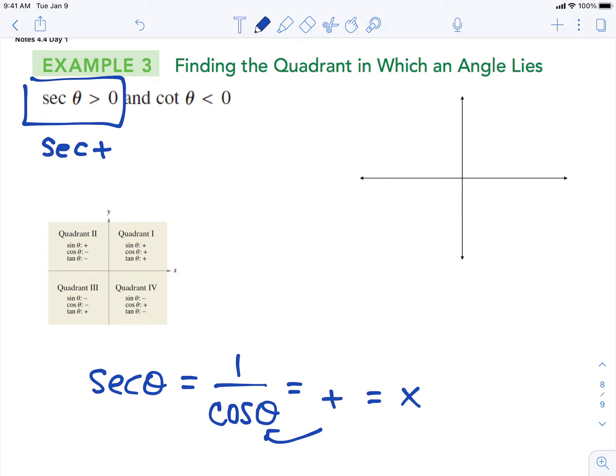So if we go to our x and y axes, you have a positive x in quadrant 1 and quadrant 4. So that would mean you'd have a positive secant in both.